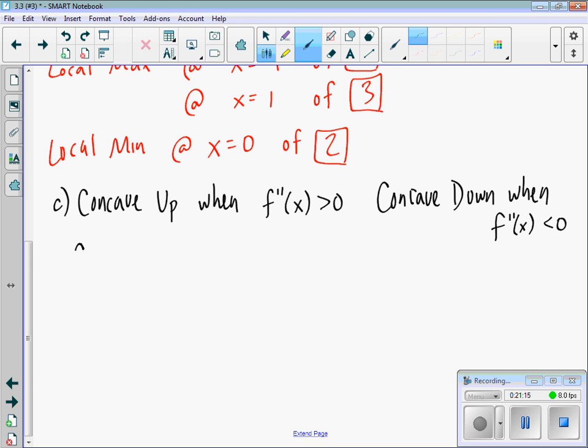Okay, so then we need to find what our f double prime is. So use your first derivative from above, and I'm getting 4 minus 12x squared. And then you do the same idea where you're finding where that's 0, doing your number line, finding the positives and negatives. So let's do that.